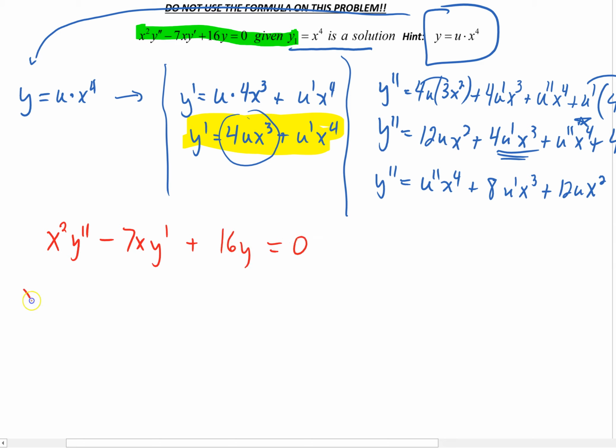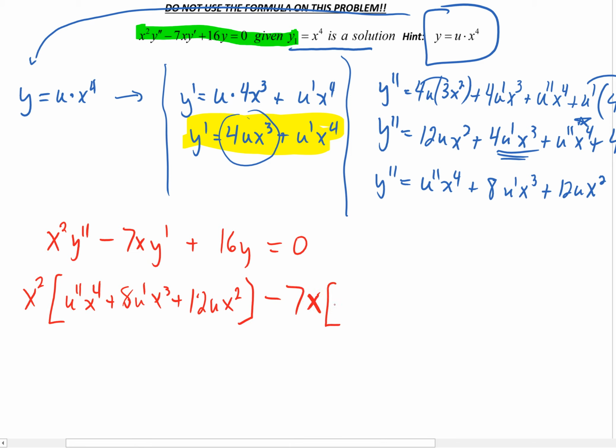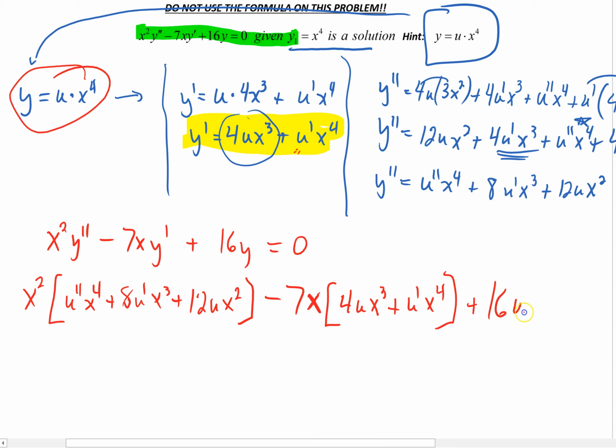When we plug in that y double prime, of course, we'll have u double prime x to the fourth plus an 8u prime x to the third plus a 12u x squared. Then we'll say a minus 7x. Well, what about our y prime? That's this thing in yellow right there in the middle. 4u x to the third plus a u prime x to the fourth. And then finally, we'll have our 16 times y, but our y is really this u x to the fourth. So we've got this all together right here.